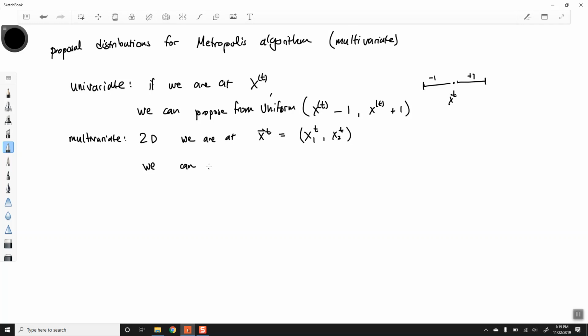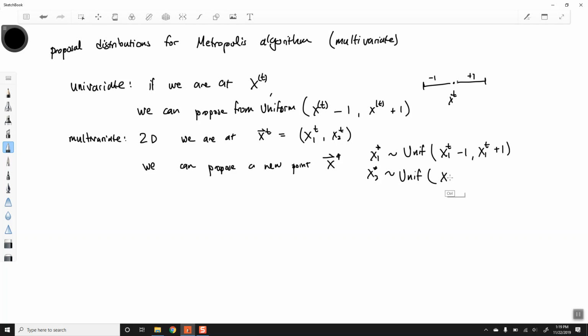We can propose a new point, x star, where x1 star comes from uniform x1t minus 1 to x1t plus 1, and x2 star comes from uniform x2t minus 1 to x2t plus 1.